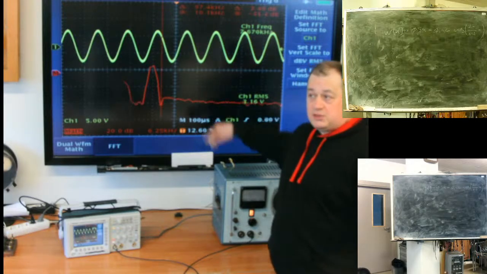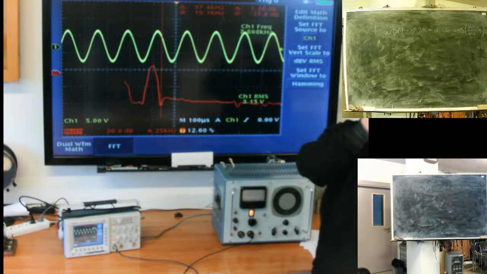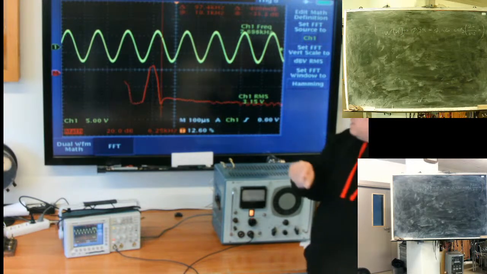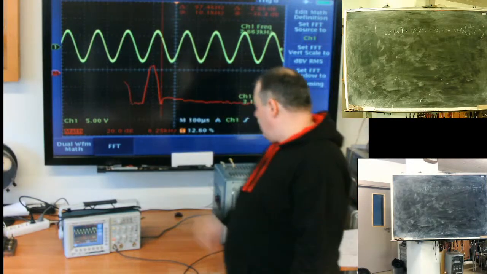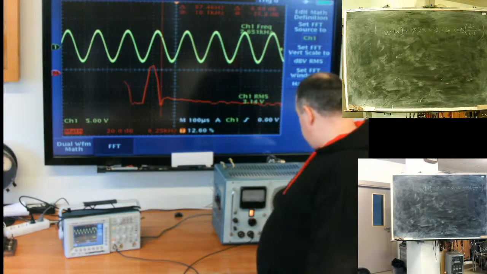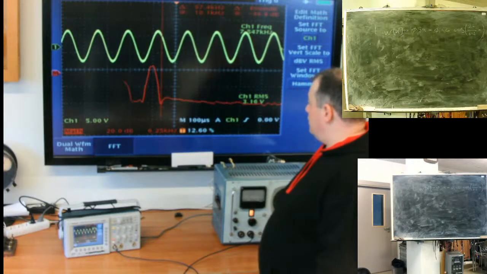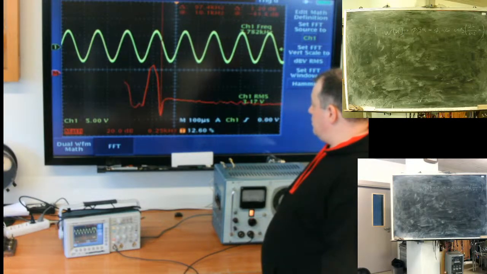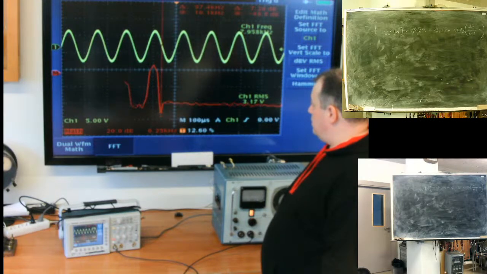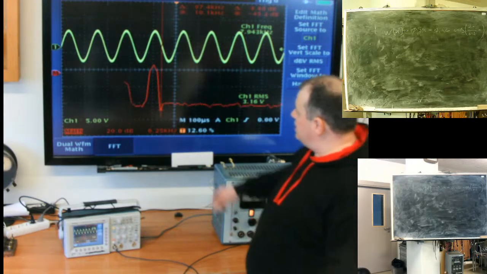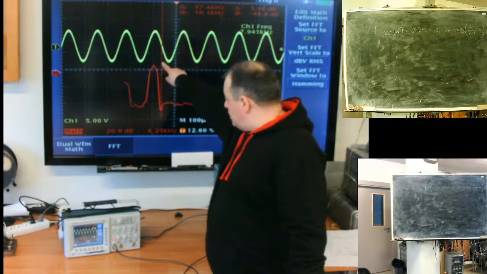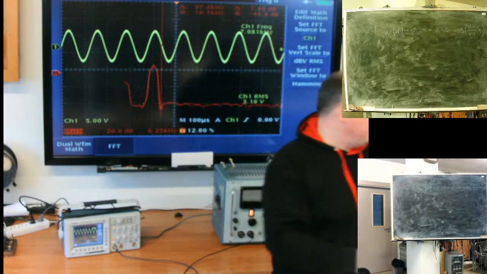So the ability to detect a small signal is better, but this part is wider. I think this one is a better frequency. I have a good frequency resolution, but this part is wider.